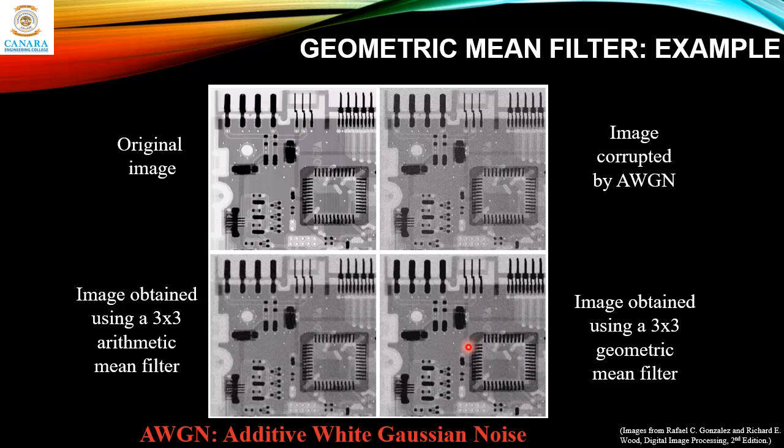It is a little bit better than the arithmetic mean filter in the sense that it loses less image detail. The objects are a bit more clear here, and the edges are retained a little bit compared to this one. So the image details are retained by the geometric mean filter compared to the arithmetic mean filter.